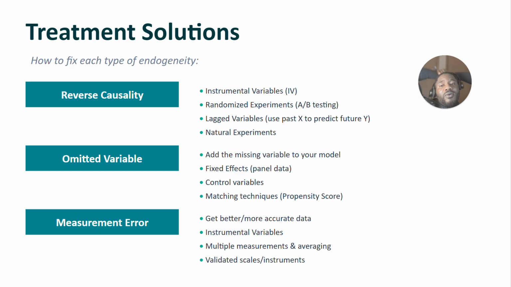For measurement error, the best solution is to get more accurate data. You can also use instrumental variable, or use multiple measurements and average them to reduce noise, or use validated scales and instruments that have been tested for accuracy.